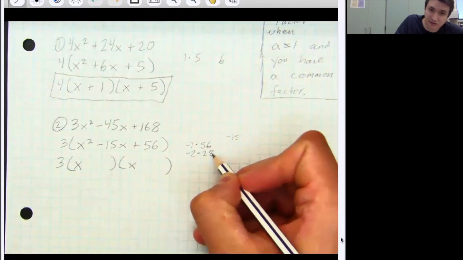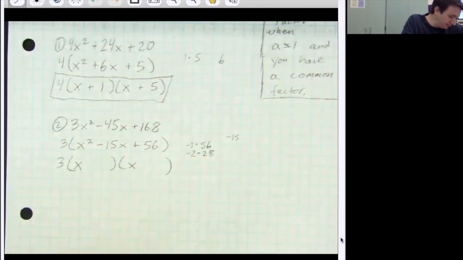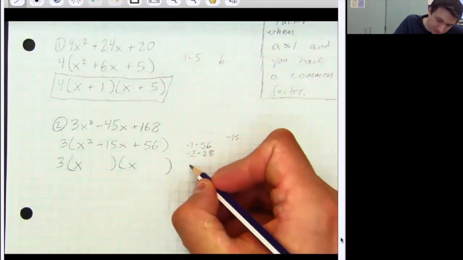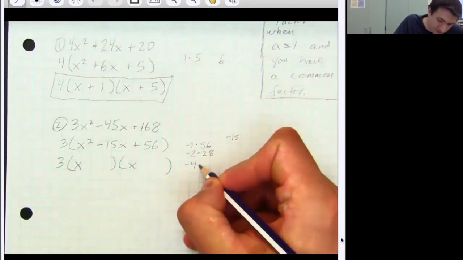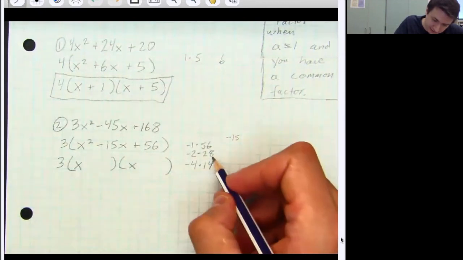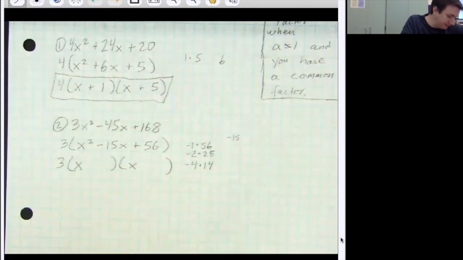No, and actually I'm thinking this larger number maybe needs to be negative. Does 56 get divided by 3? No. 56 divided by 4? Yeah. Let's see if it was 4. That doesn't work. 5, 6. I don't think 6 is going to work. Nope. What about 7?